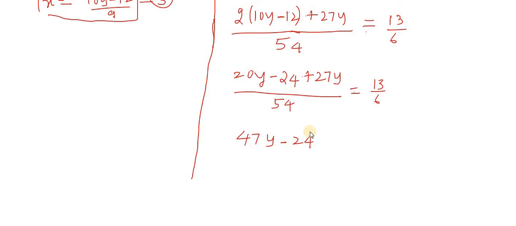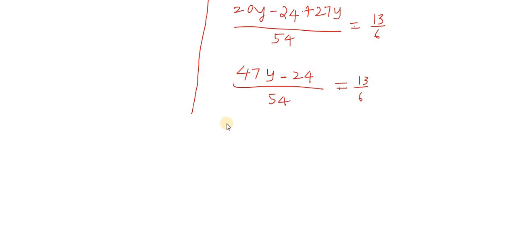Now first do this one, afterwards you cross multiply. 54, which is equals to 13 by 6. Now I can cross multiply 6 times 47y minus 24, which is equals to 13 into 54.